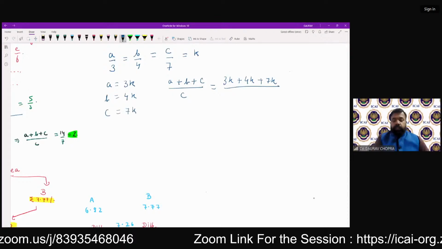Just find A plus B plus C upon C. Hardly 10 seconds will be needed and your answer will come on the screen. So what will you do? Quickly tell me the answer in the comment box. 4 plus 5 plus 9 upon the total is upon C, which is 9. Yes, so everyone has given the answer. Option number B, that is 2. Great, good going.